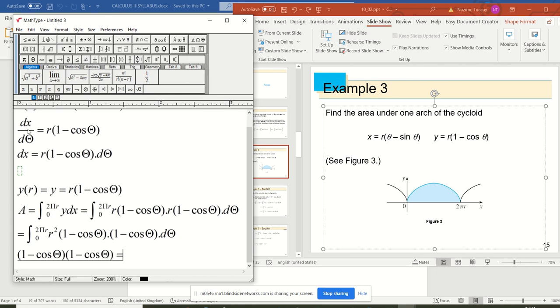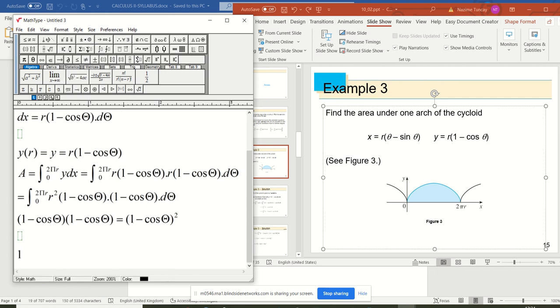This makes this over 2, this over 2, to the power 2. Now be careful about that: 1 minus cosine square theta equals sine square theta.